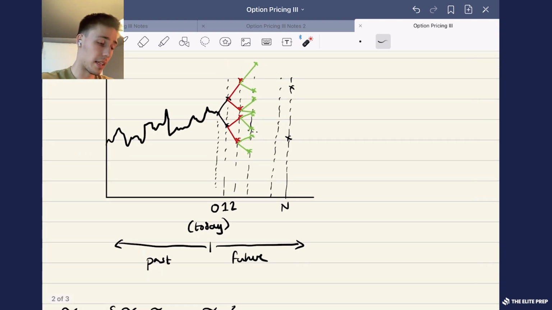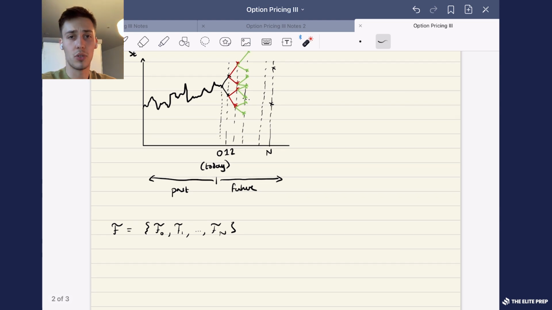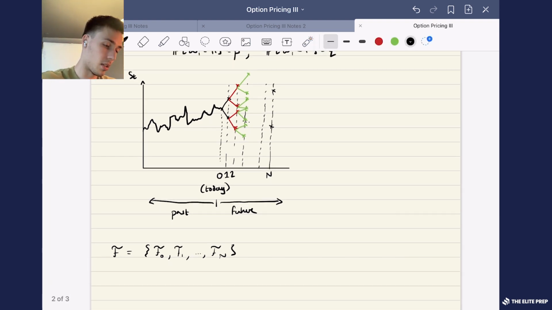So if we go and look at this graph, we know if the stock has gone once up or once down. So we know if we've thrown heads or tails. As we increase the filtration, we get more and more information because we get all the information up until the time indexed by the filtration. So in this case, if we index up to time 3, if we consider F3, then we know exactly where we are out of these states.